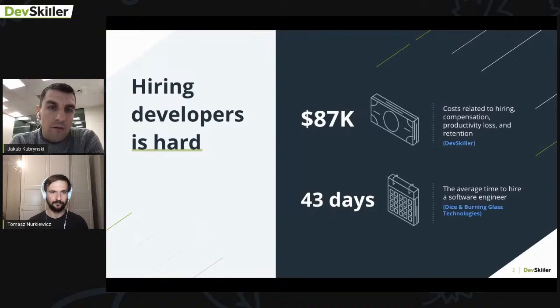First, according to our research at Devskiller, the cost of a wrong decision in the IT recruitment process is huge. Due to productivity loss, onboarding, cost of hiring, compensation, etc., a bad decision costs you even $90,000. So it's a lot of money, and all the organizational costs.